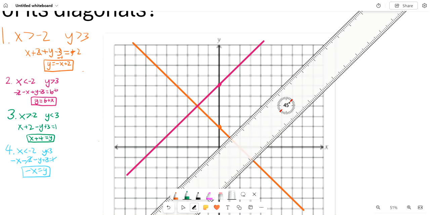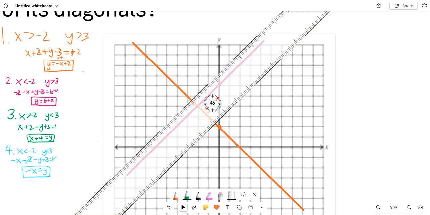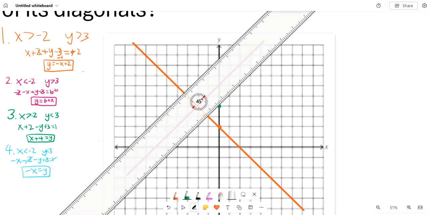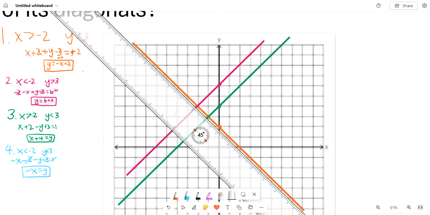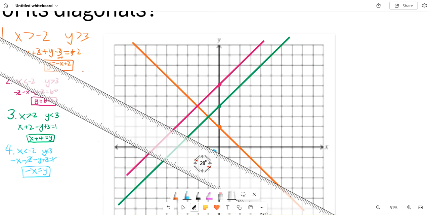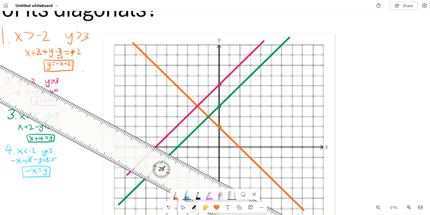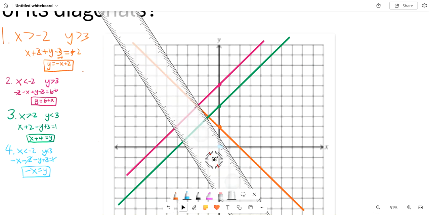And then for x plus 4 equals y, we can see that it has a y-intercept of 4 here, and it goes up. So it's just like this. And then finally, for the last one, we don't have a y-intercept at all, so the y-intercept is 0. And it goes downwards.